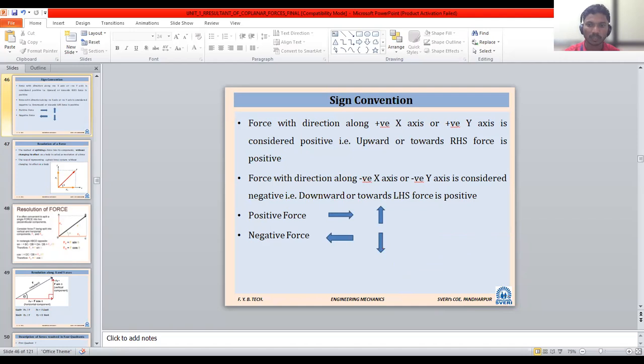That's why, since angle theta is made with the horizontal, for the horizontal component the cosine function is taken. Same is here, and finally Fx and Fy are calculated in this way.